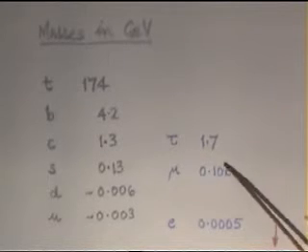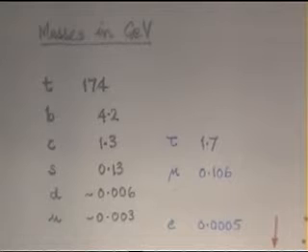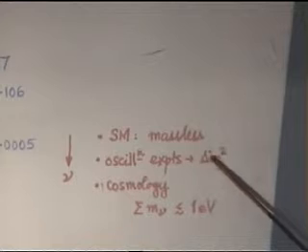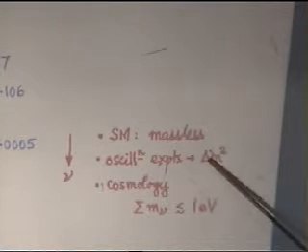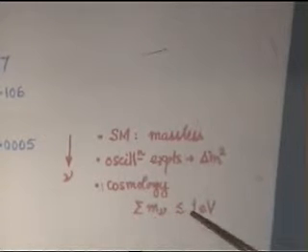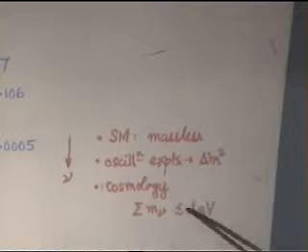The neutrinos, the other particles in the standard model, are massless, so they're way down here. Oscillation experiments show that actually they're not massless, because we know that they've got a mass difference between different flavors of neutrino. Cosmology limits the sum of the masses of all the neutrinos to less than an electron volt, of the order of an electron volt.